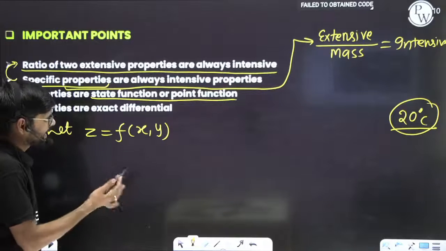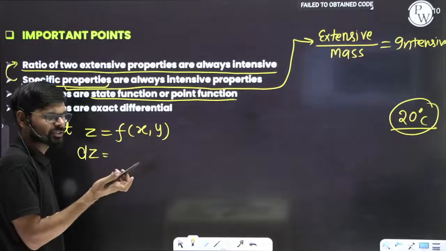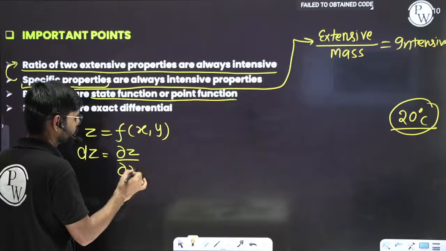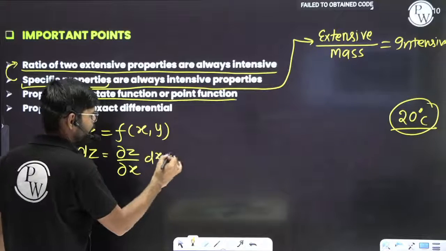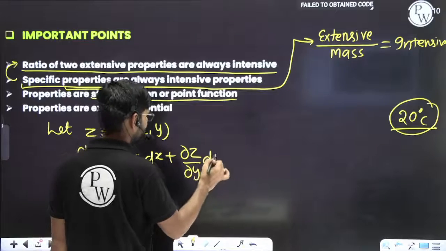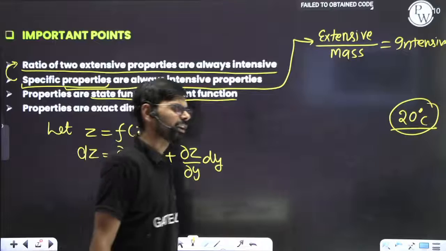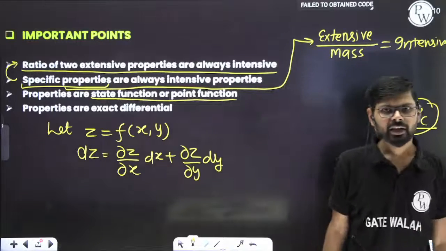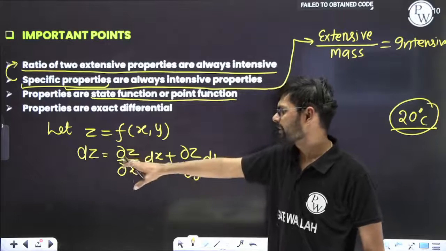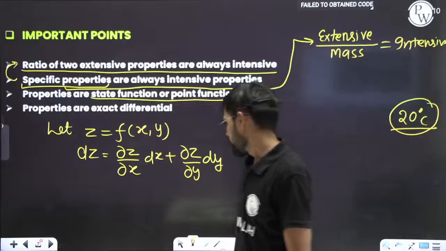So by Taylor expansion, I can write dz equals dou z by dou x into dx plus dou z by dou y into dy. If z is a function of x and y, then dz can be written this way.